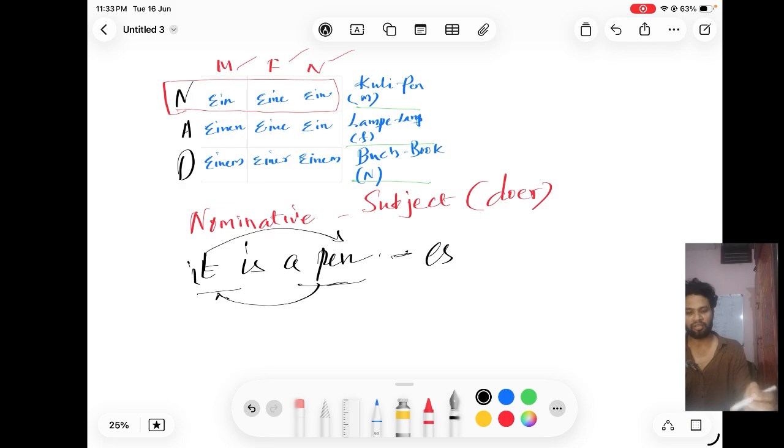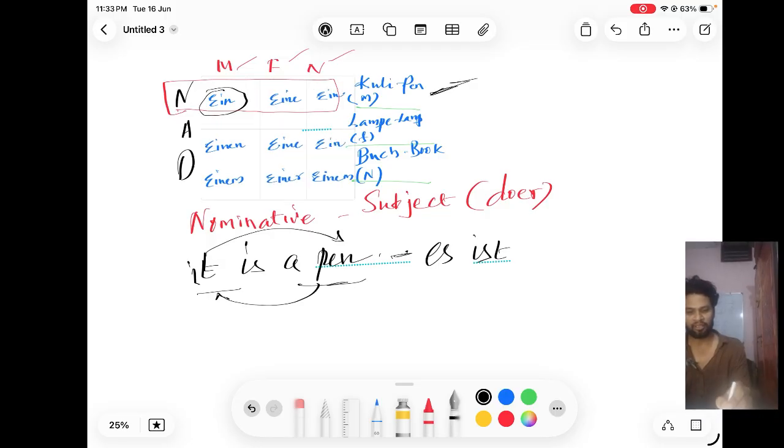We don't have any other object, so we are talking about pen. How to say it in German? Es ist. Pen is a masculine noun, and nominative masculine indefinite is ein. So how to write? Es ist ein Kuli. Is it clear?